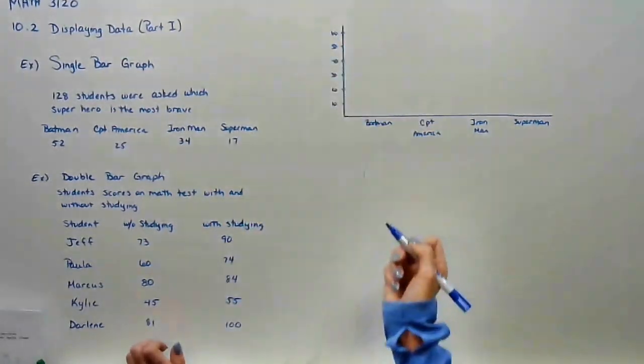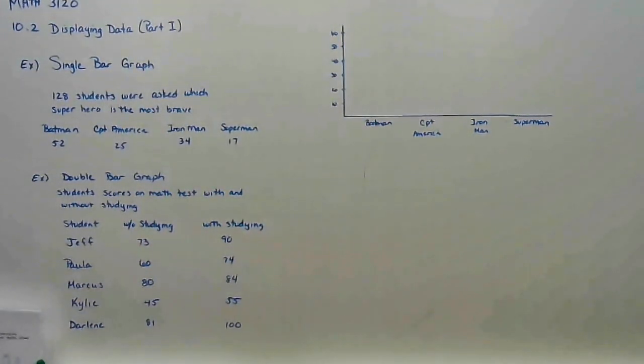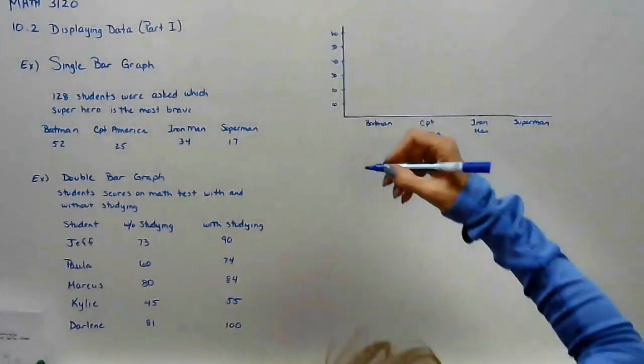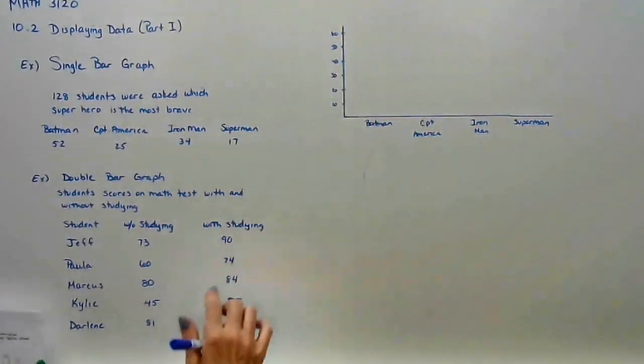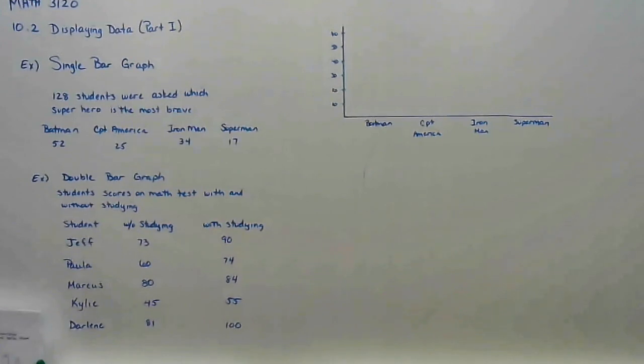And we have to label that axis to represent what they are talking about. So this would be number of superheroes. Actually, in this case, it's kind of self-explanatory. Now make sure we title our display. Always give it a title.